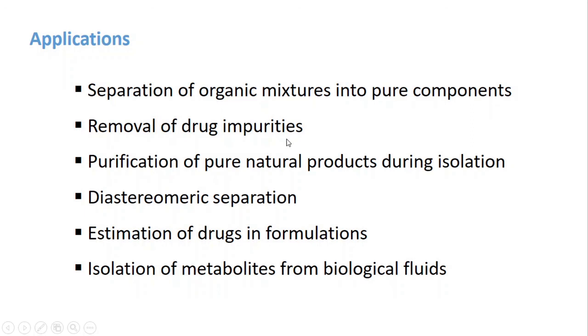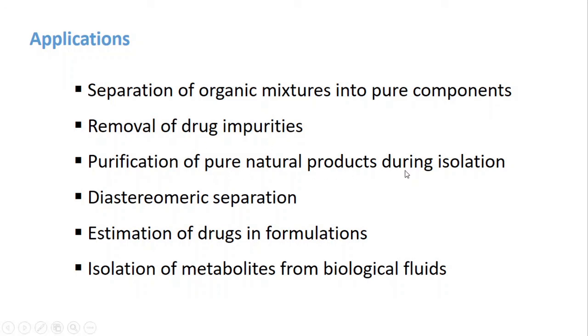Another latest one, I think in the last 10 years, industry have been running this. They can use different types of flash chromatography for removing the impurities. It works fast and it works under high pressure. Since it is out of syllabus, I don't discuss that in detail, but you can read it on Google, flash chromatography, CombiFlash and Biotage, they are widely used.